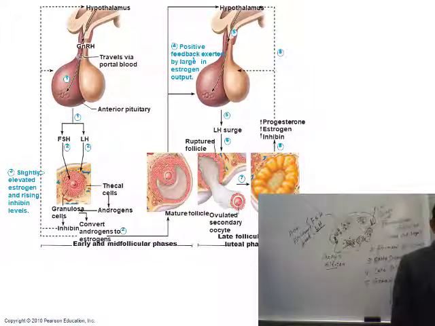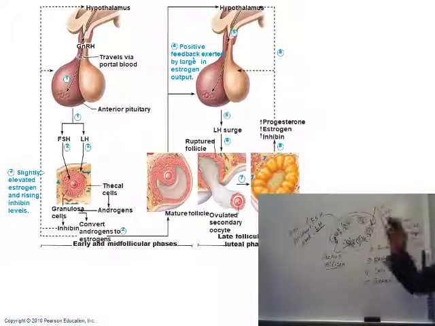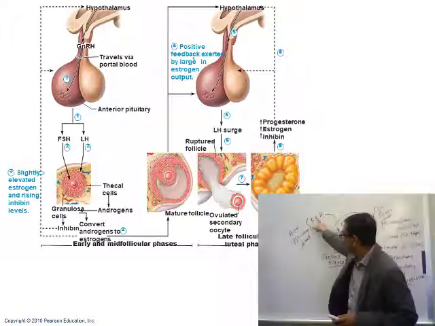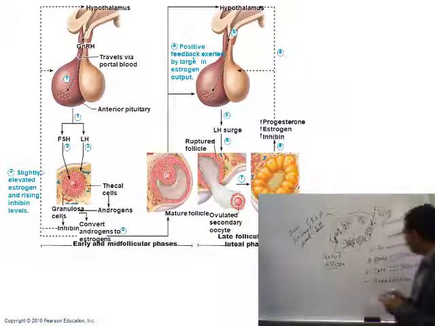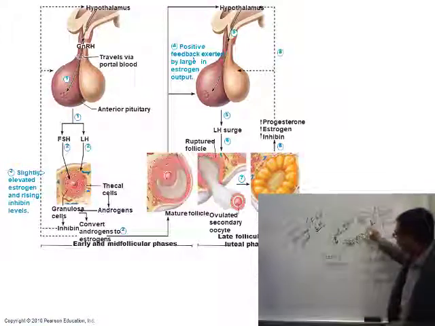And you have already learned, I told you, who stops the release of FSH and LH, because you remember that the corpus luteum produces estrogen, progesterone and inhibin. Those 3 hormones are released by the corpus luteum to stop the next ovulation for a while.